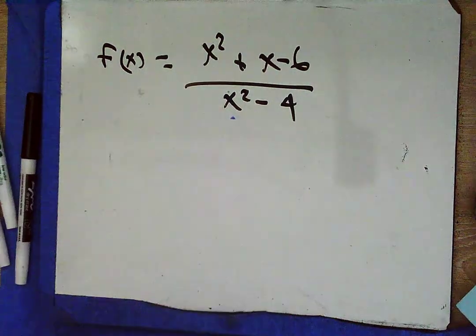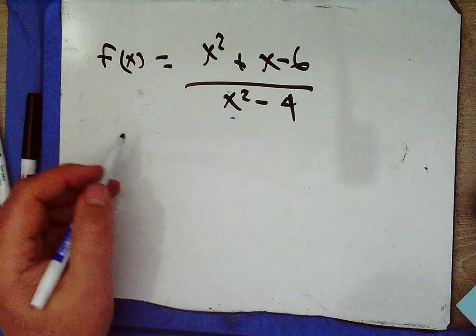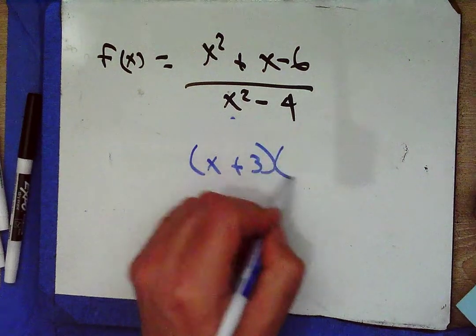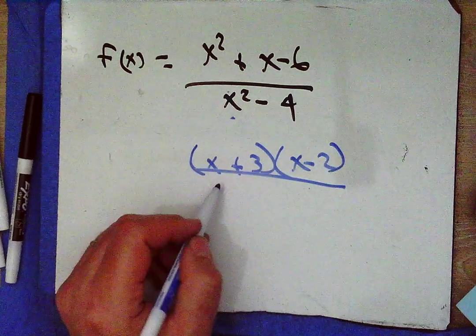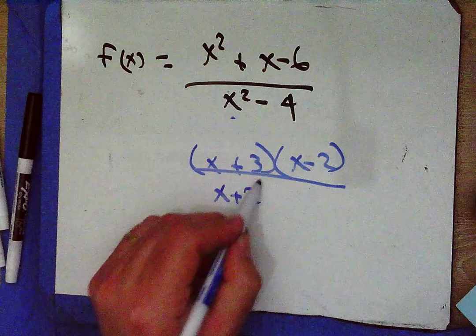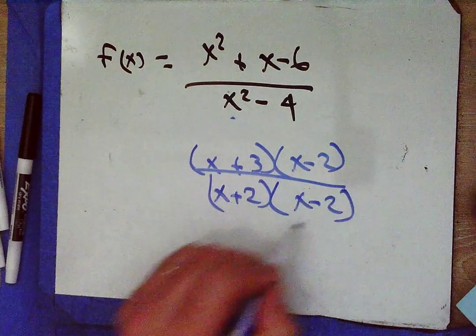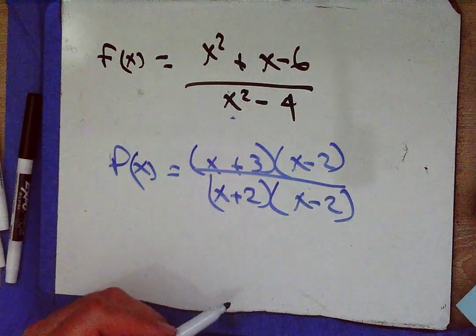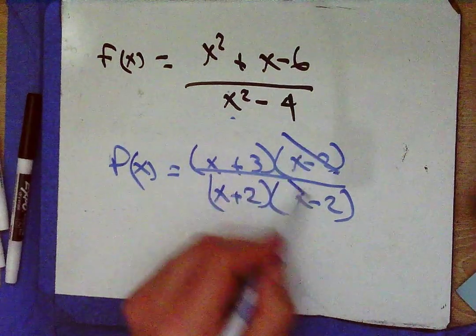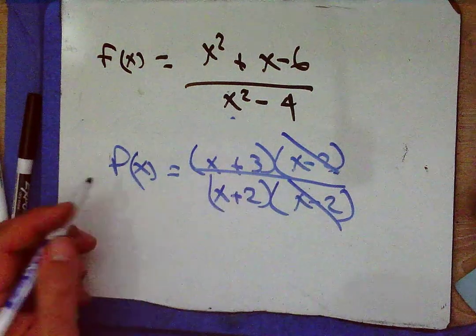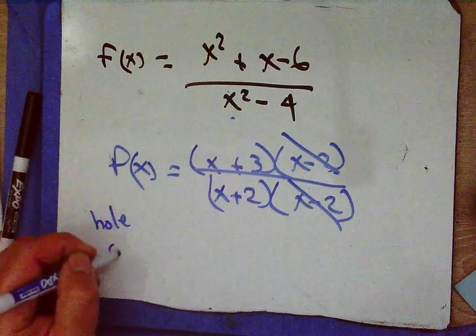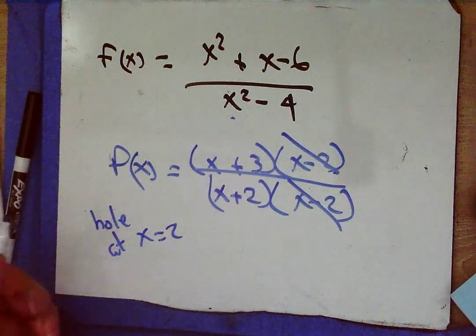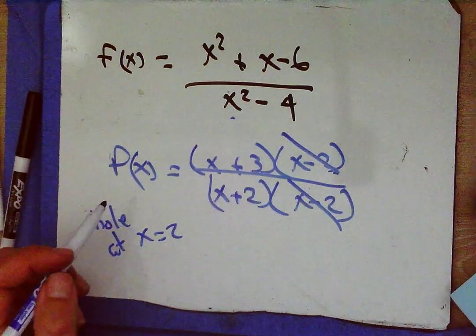Well, I remember in Algebra 2 and in Pre-Cal, in fact we started this year with, the benefit of factoring these rational functions. What does it mean when I cancel these out? It means there's a hole at x equals 2. Is that an asymptote? No, that's not.